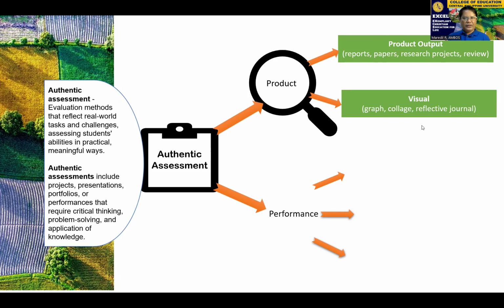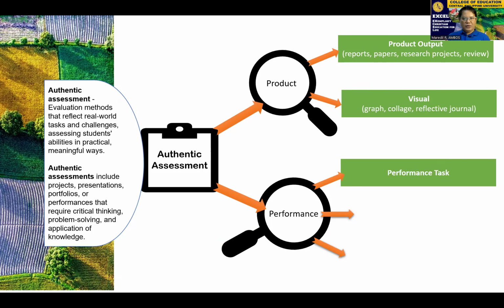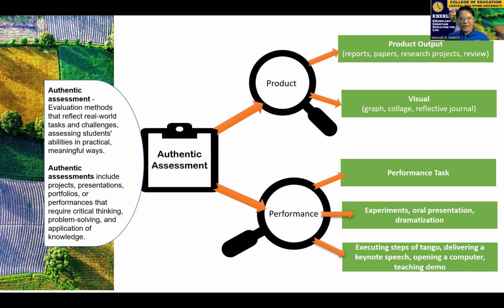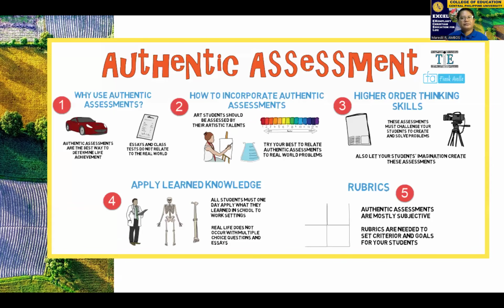Another category of authentic is the performance, wherein there is a performance task. You can have experiments, oral presentation and dramatization, and executing steps like, for example, tango, or delivering a keynote speech, opening a computer, and teaching demo. So that's about authentic assessment.